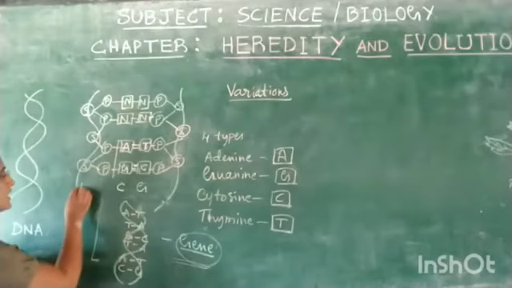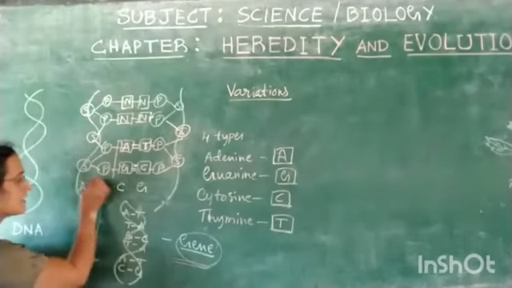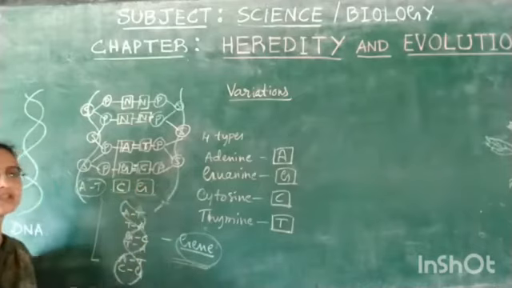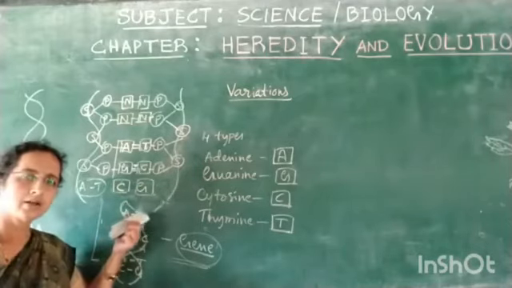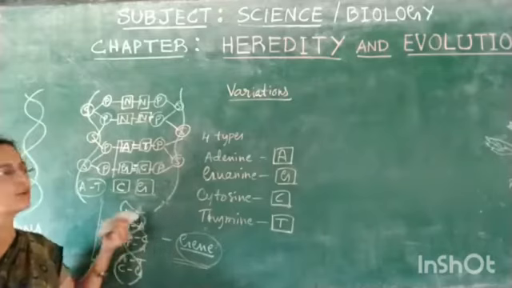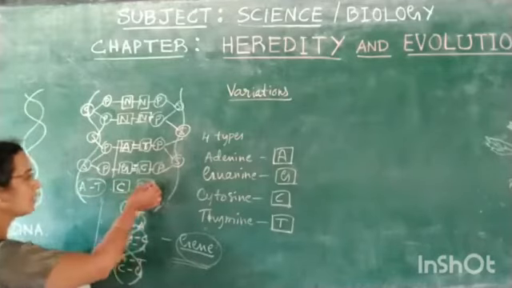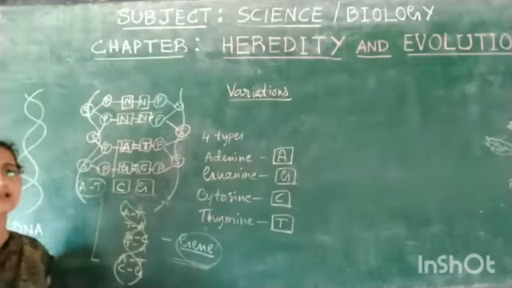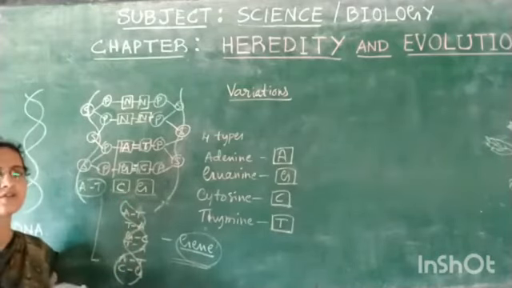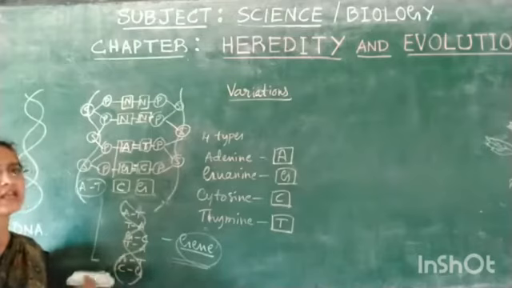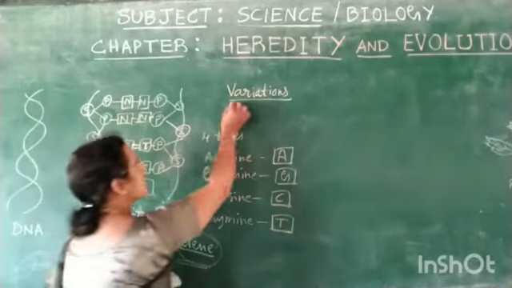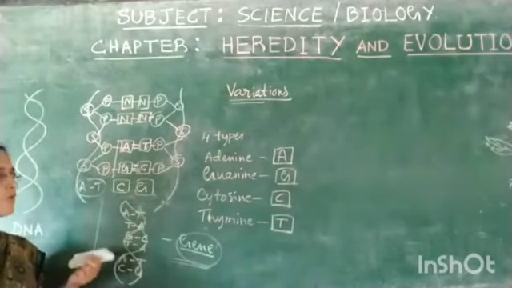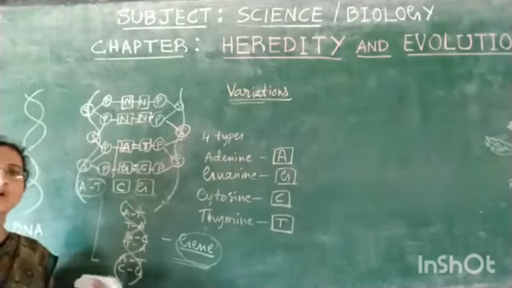Earlier it was A and T. Instead of this, suddenly, accidentally, there may be synthesis of new or different type of nitrogen bases compared to the original DNA. These sudden changes in the synthesis of the nitrogen bases of the DNA lead to variations. Suppose this fragment of DNA is coding for one character, that is brown eyes.